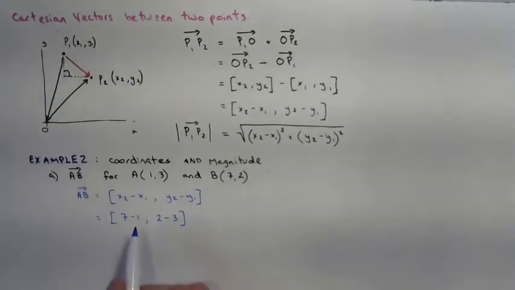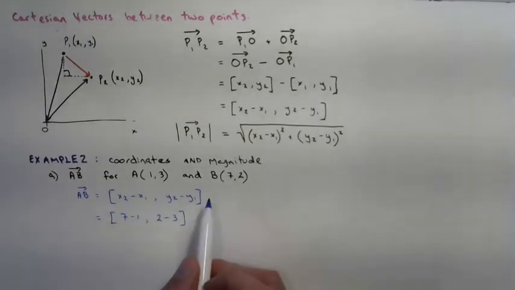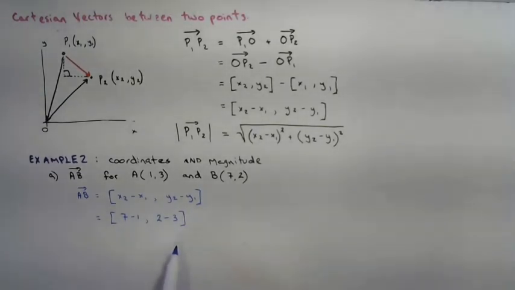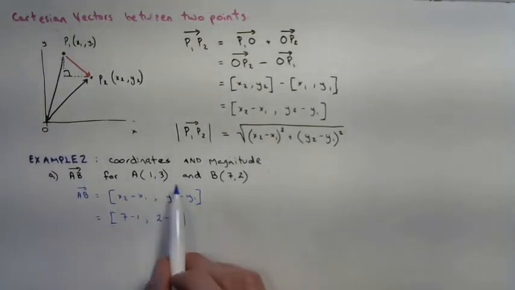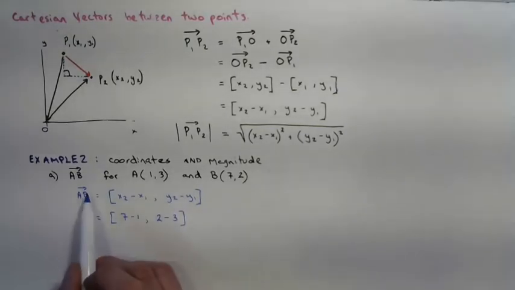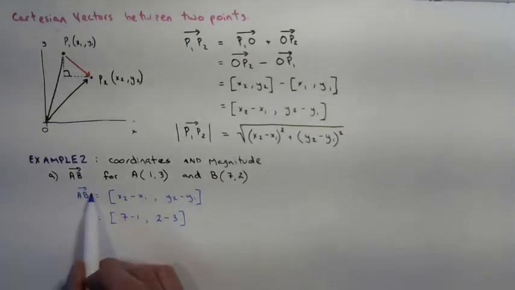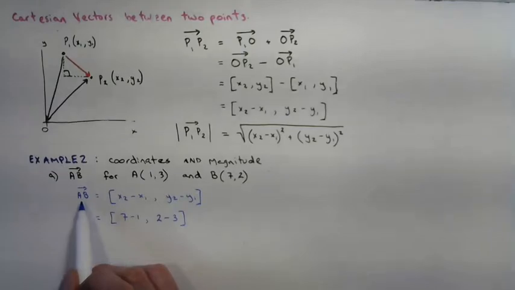Now in this case, it really does matter. Sometimes if you're doing a distance formula, like up here for magnitude, it doesn't really matter which one you call point 1 and point 2, point A and point B, as long as you're consistent. But if we're looking for the coordinates of vector AB, direction and magnitude both matter.